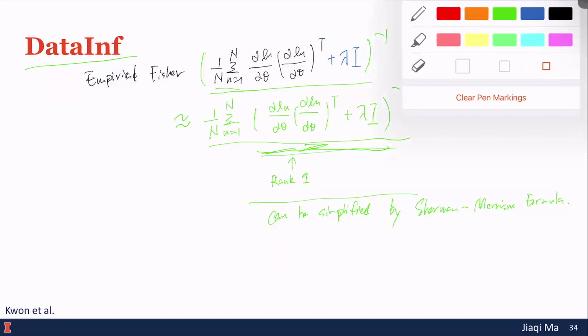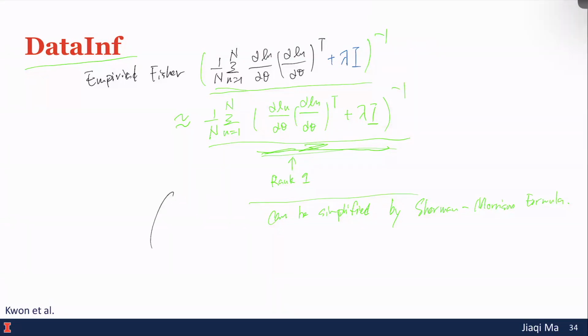And this approximation turns out to be good when the parameters themselves have low rank structure. So it's particularly good for LoRA parameters, when you do this kind of low rank adapter training, fine tuning.